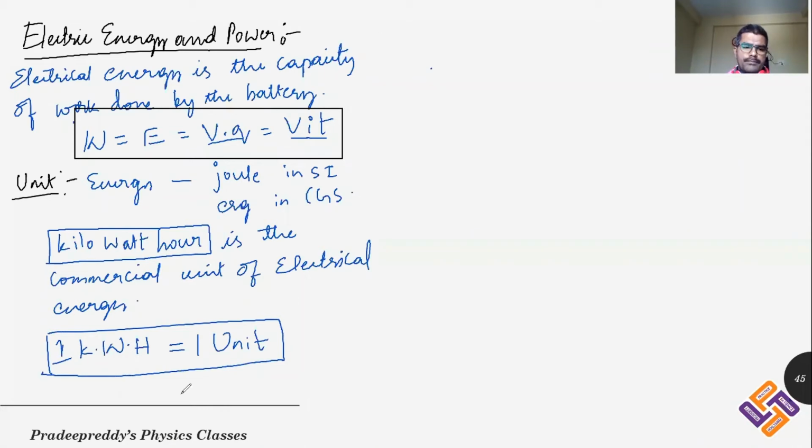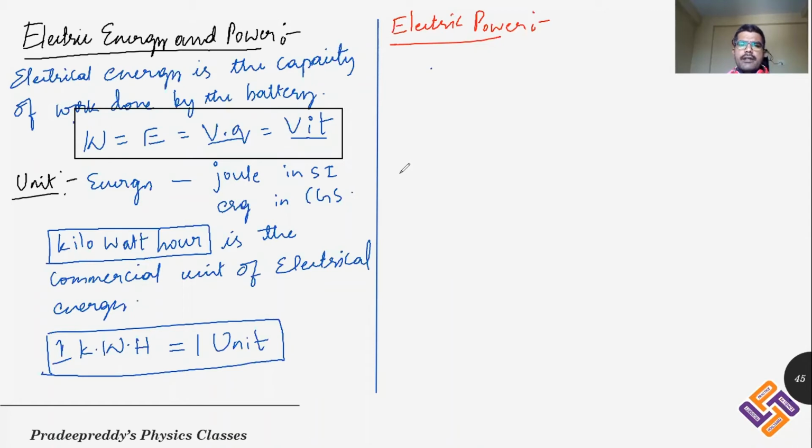Okay, so now let us come to electric power. What is power? Power is simply defined as the time rate of electric work done.